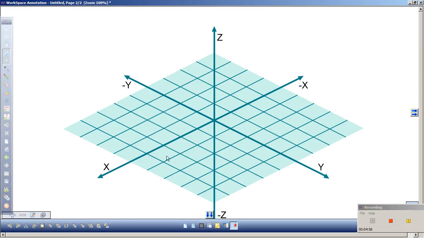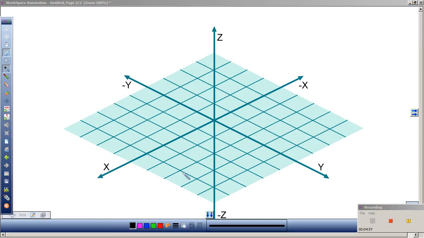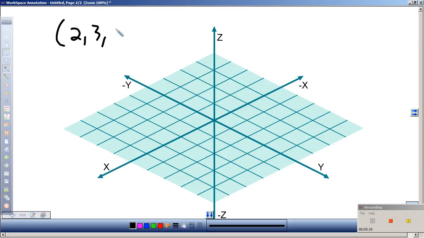Where is the positive x? Generally when you look at graph paper, positive x is the one that's bottom left. Positive y is bottom right. And then positive z up. So let's say if we were doing the point 2, 3, 1.